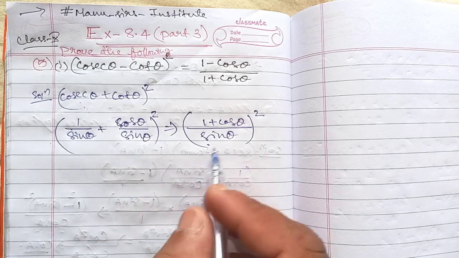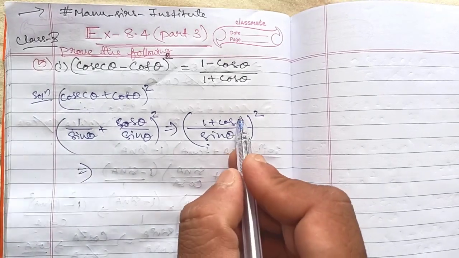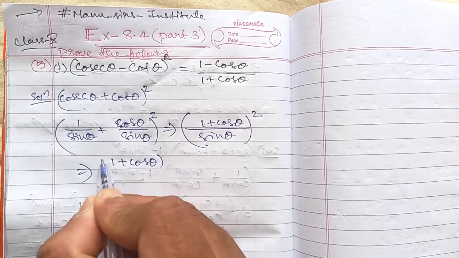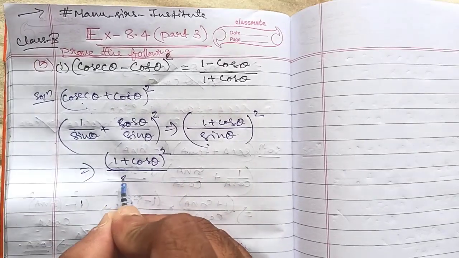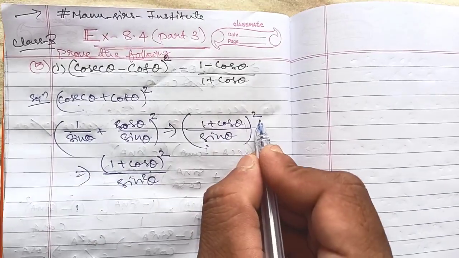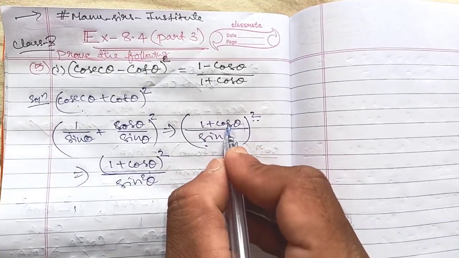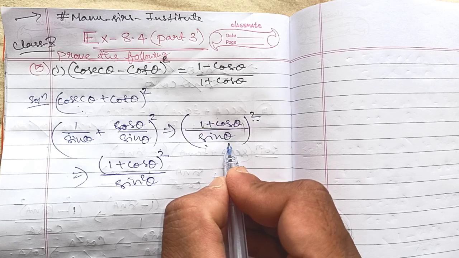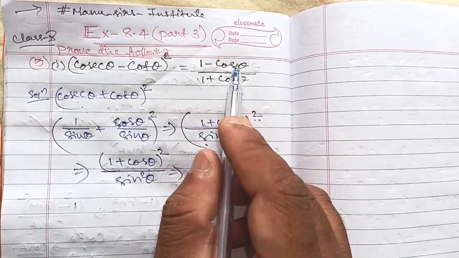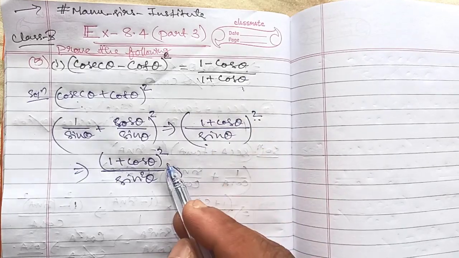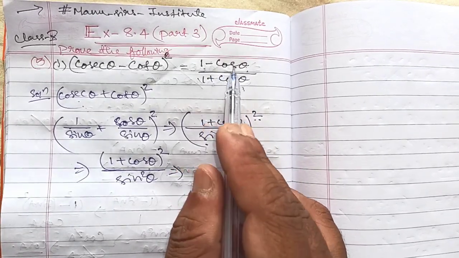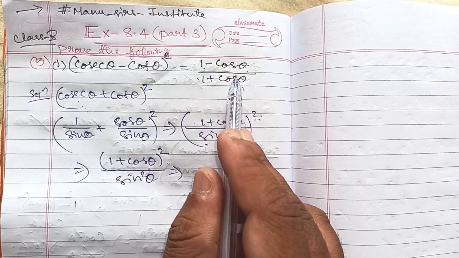Are you getting it? Now we will give the square to both the numerator and denominator: (1 plus cos theta) whole square by sine square theta, because both are inside the whole square, so this power is given to the numerator as well as the denominator. Now look at the RHS. In the RHS both the numerator and denominator are in cos.